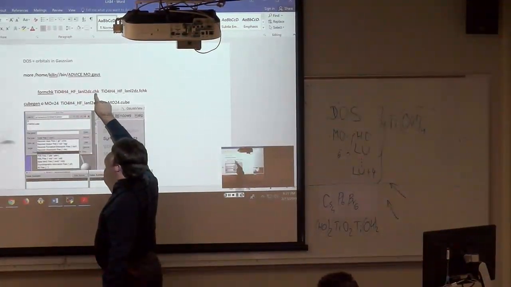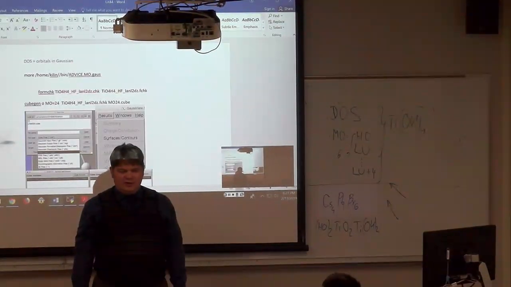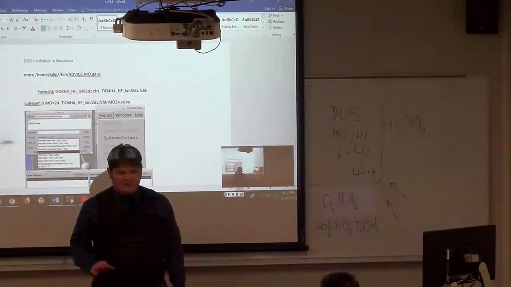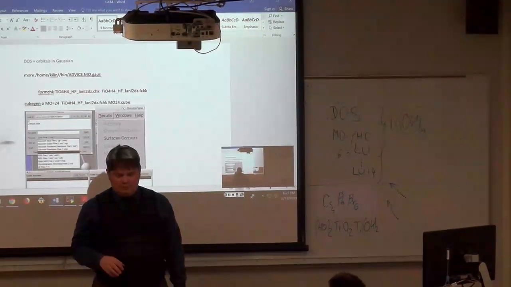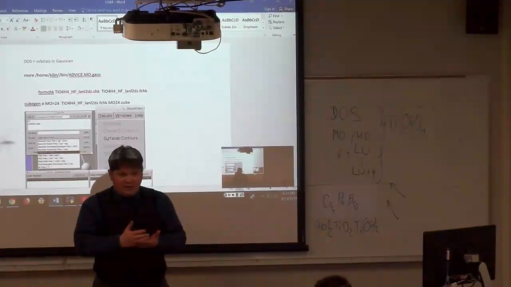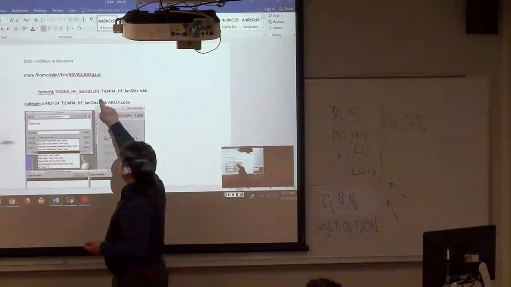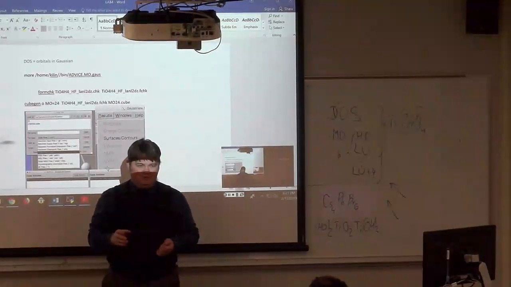So .chk is the service file that is not readable neither by humans nor by most of computer codes. It's a service file specifically for Gaussian. But it has encoded a lot of information, including molecular orbitals. We, as humans, like images. And there are several standard steps to convert this hidden information into standard images. So first, there is a step similar to de-archiving. It's not de-archiving.